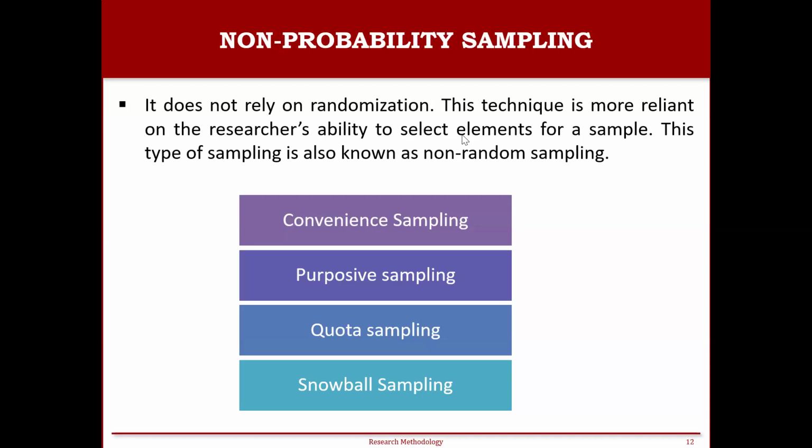So it is always linked with bias, because the sample may not represent the large population. The reason is we always go for the persons who are readily available and easy to access. So that would not represent the large population. That is the problem with convenience sampling.